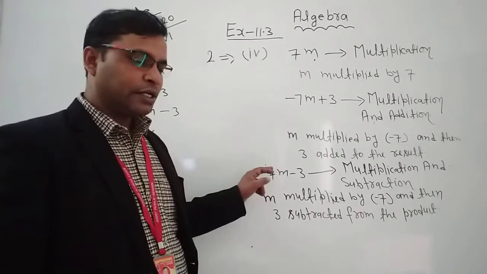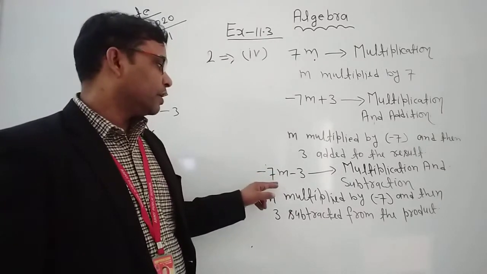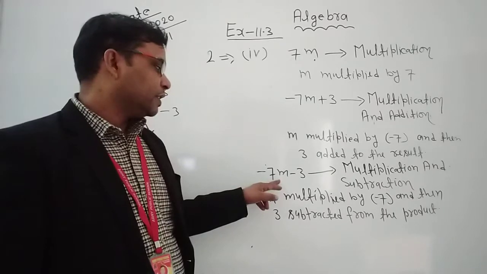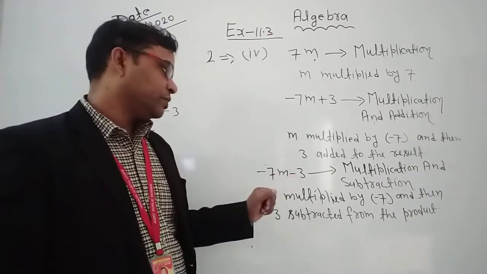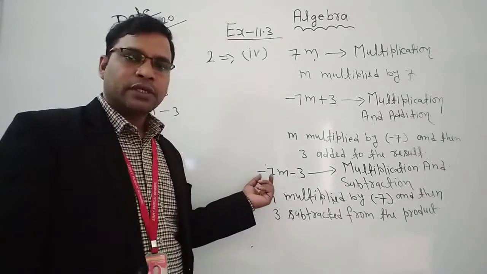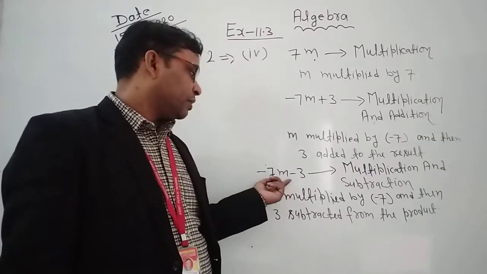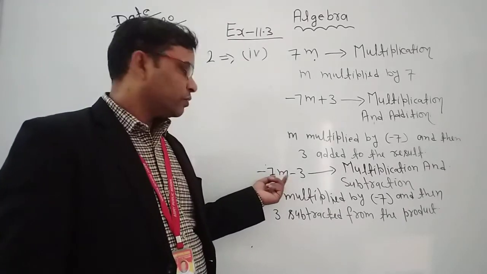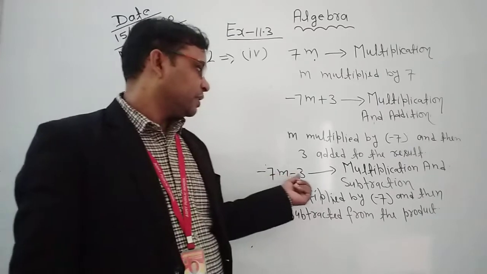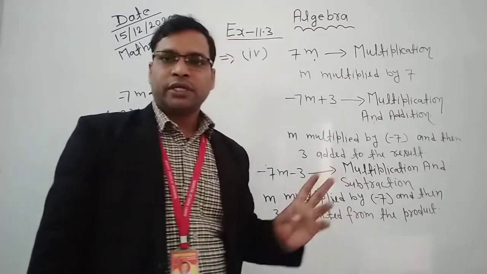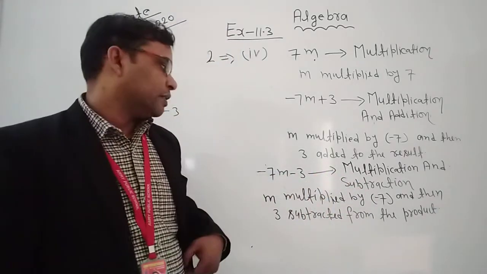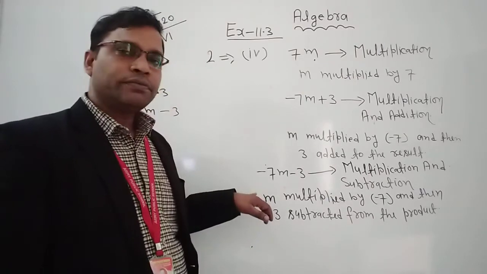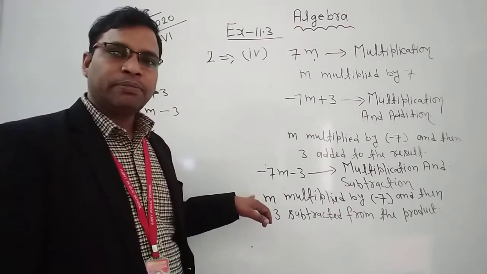And the next one, minus 7m minus 3. Two operations are used here, multiplication and subtraction.